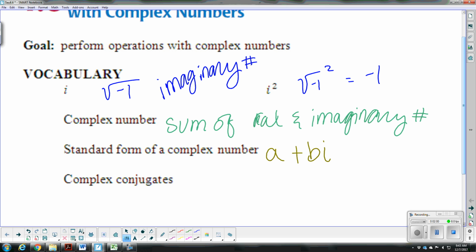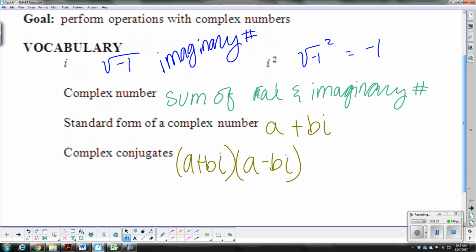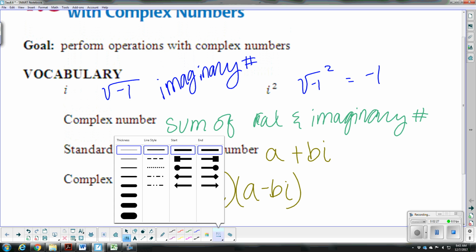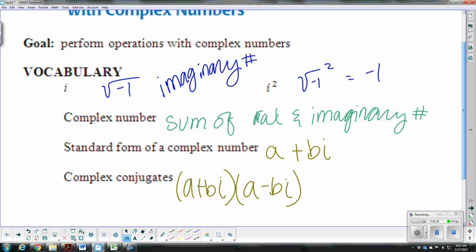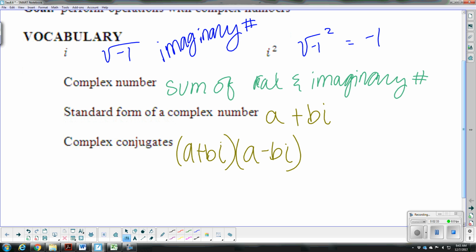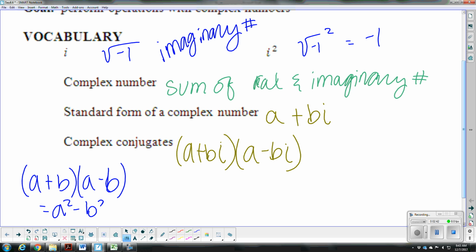And then conjugates, again, we identified in that last video of dividing radicals. But the complex conjugates are a plus bi times a minus bi. And this will always be a real number. If you remember your shortcut for difference of perfect squares, a plus b times a minus b is a squared minus b squared.